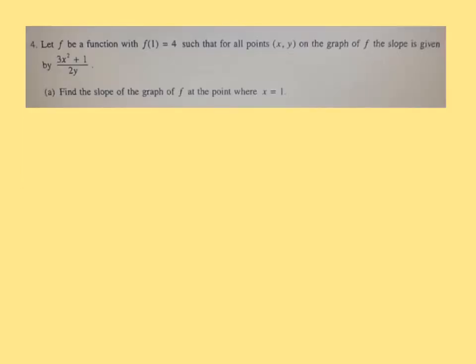All right, let's take a look at each one of these parts individually then. So we start off by trying to find the slope of the graph at x equal to 1. So we know the slope equation given to us is (3x squared plus 1) over 2y. So to find the slope here, I need both the x and the y values.